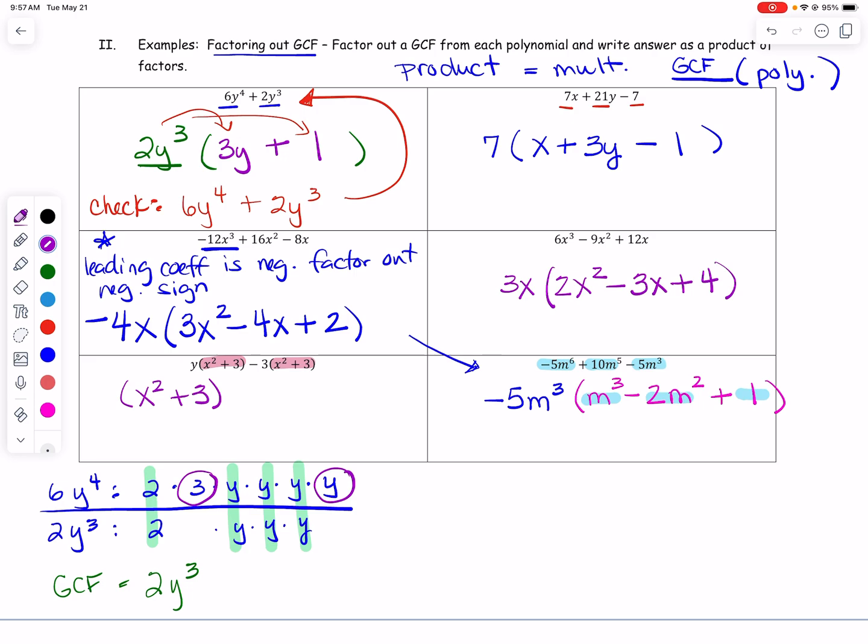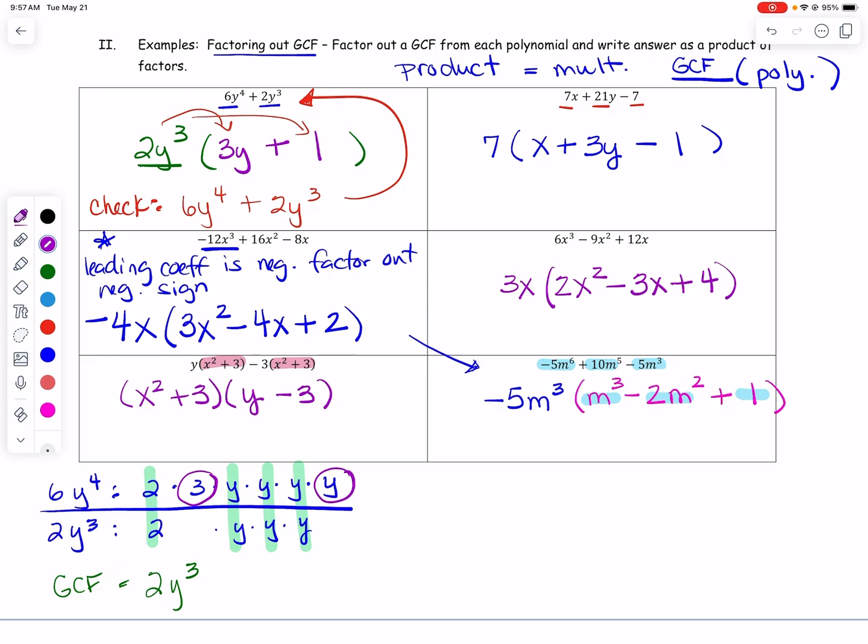And so what happens when I divide y times x squared plus 3, I'm left with y. And when I divide negative 3 times x squared plus 3, divided by x squared plus 3, I'm left with negative 3.